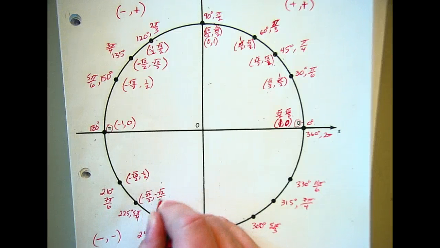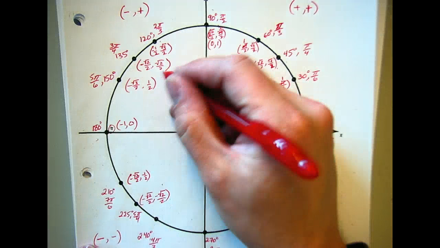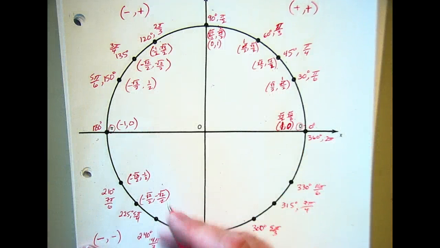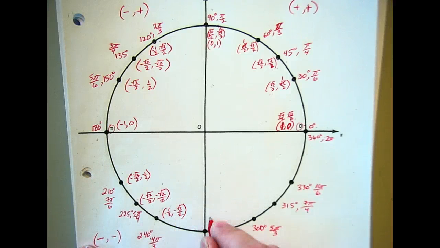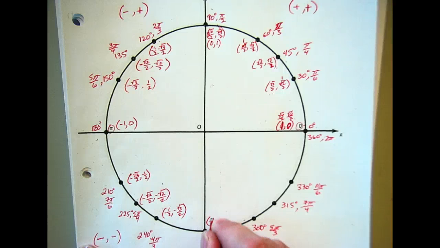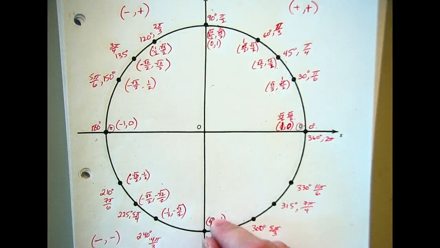So we're reflecting now downward from here. And so this one is negative 1/2, negative root 3 over 2. And this is 0, negative 1. It could be negative 0, which makes it 0.